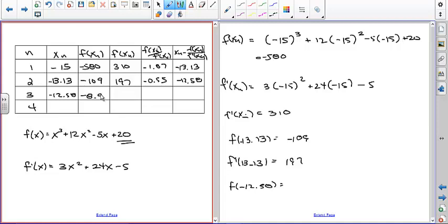And the value of the derivative is plus 167. So I take the ratio of those two, negative 8.9 divided by 167, and I get negative 0.053.